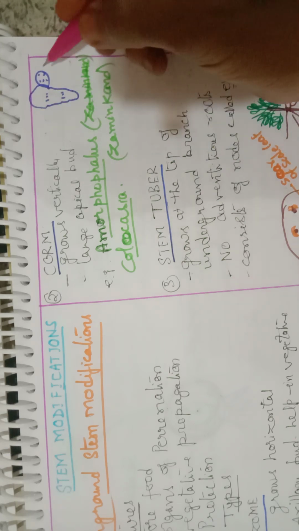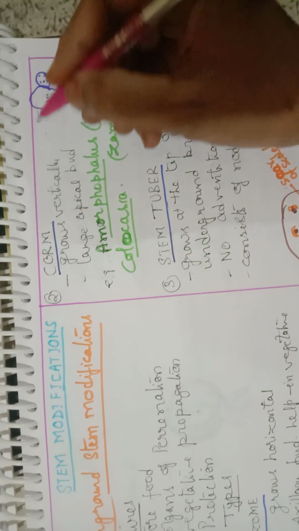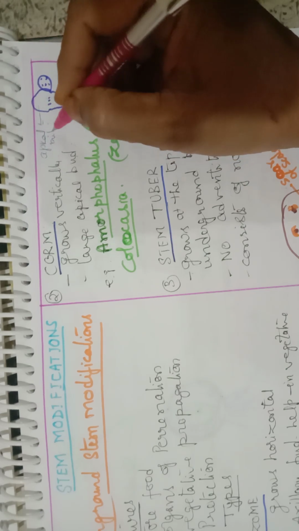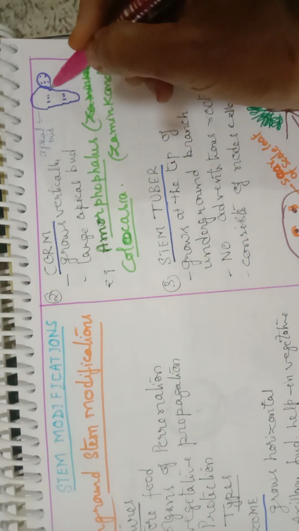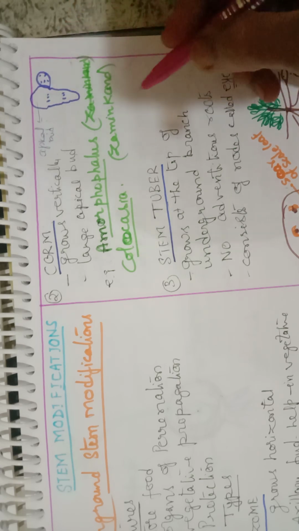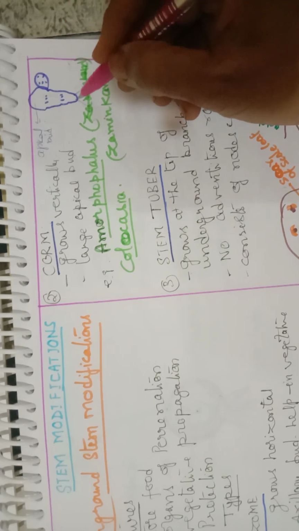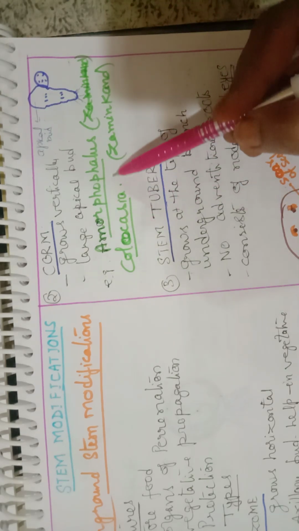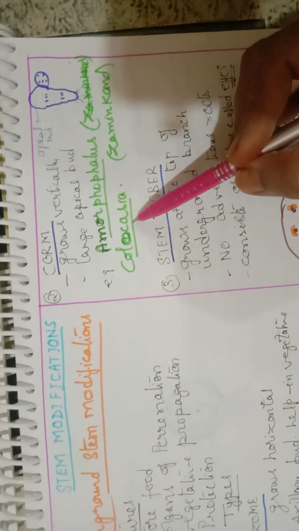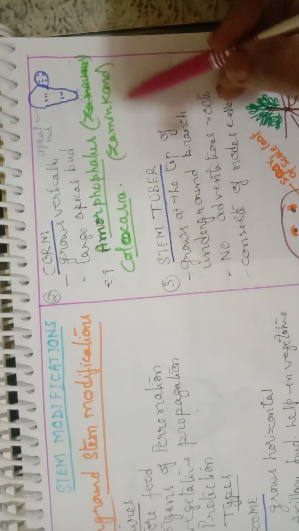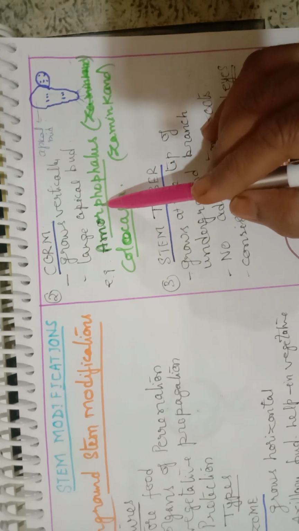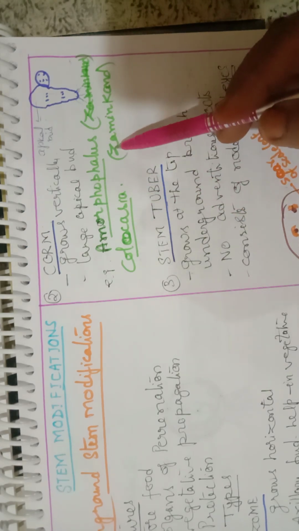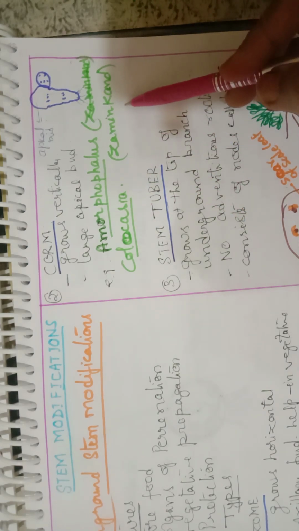This is the apical bud, and here axillary bud will give rise to the daughter corms, and base of the corm will have many adventitious roots. Examples of corm are Amorphophallus, Colocasia. This is Zameen Kand, which is nothing but the Amorphophallus. Kandagadda, in Telugu we call it Kandagadda. So that is the Zameen Kand.